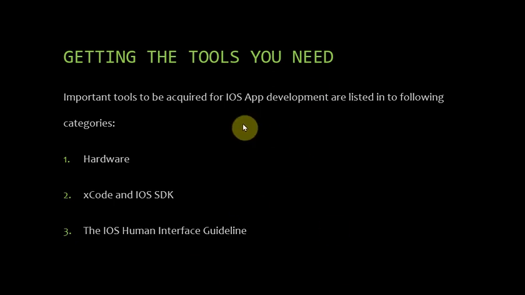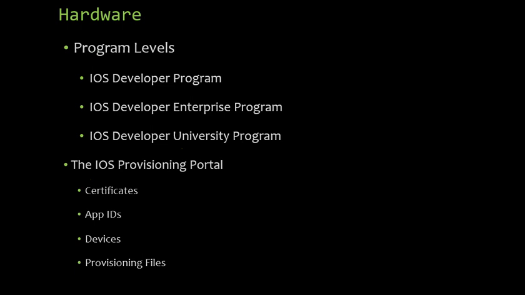Now we'll move on with the important tools to be acquired for iOS development, given below in categories. The first one under that is hardware. To develop an iPhone, iPod or iPad application, we must first have a Mac. That is the main thing.